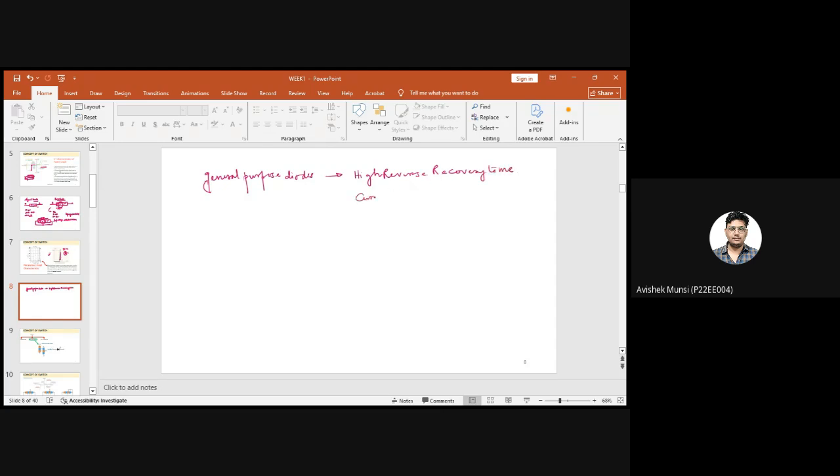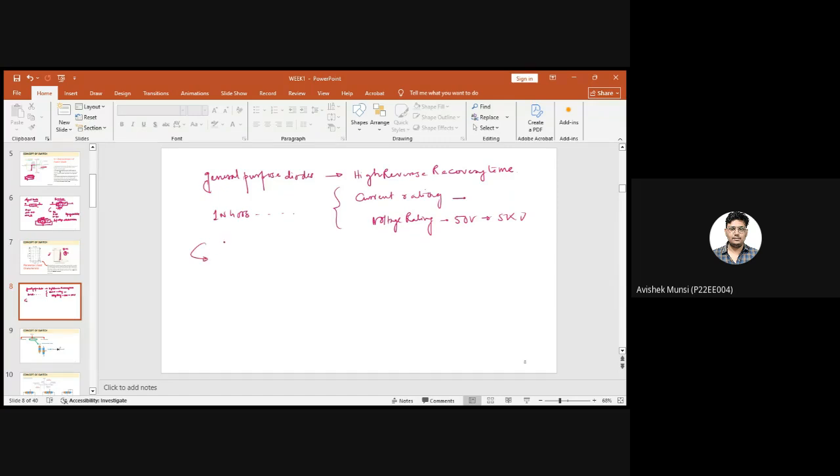Their current rating is around, suppose, 1 amp, 2 amp current ratings are available, for example 1N4008, this is a general purpose diode. Voltage rating is 50 volt to 5 kilovolt. So in this range you will find some diodes like 1N4008, 1N4007, etc. So these are general purpose diodes.